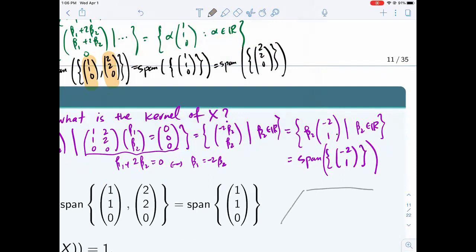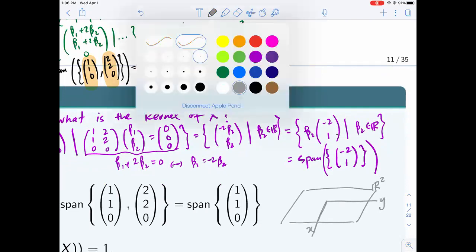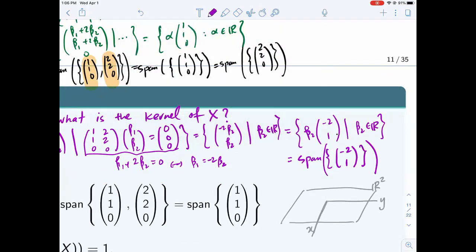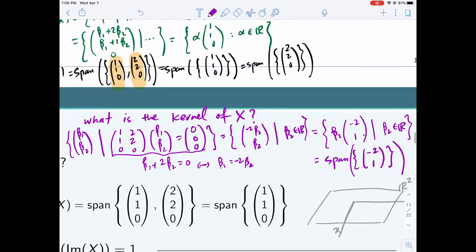So this is going to be R^2, the input space. There's no z-axis here, just x and y. Did we make any mistakes, or is this correct?